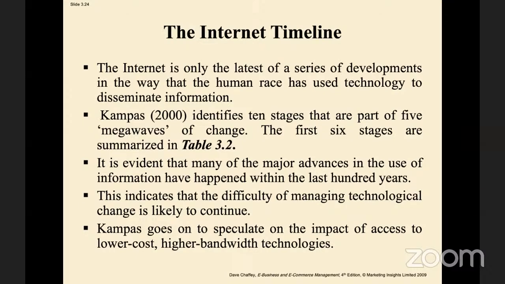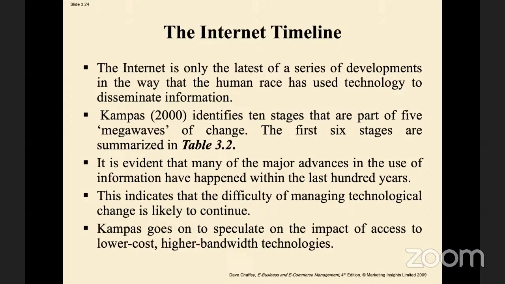Campus in 2000 identifies 10 stages that are part of 5 megawaves of change. The first 6 stages are summarized in table 3.2. It is evident that many of the major advances in the use of information have happened within the last 100 years. This indicates that the difficulty of managing technological change is likely to continue.